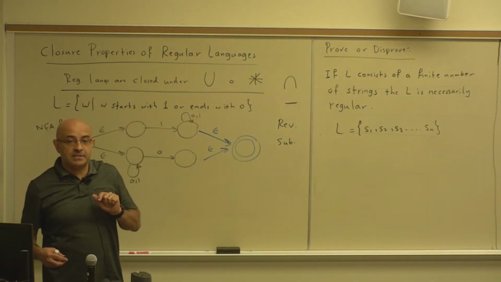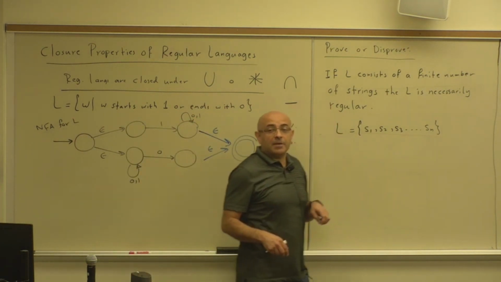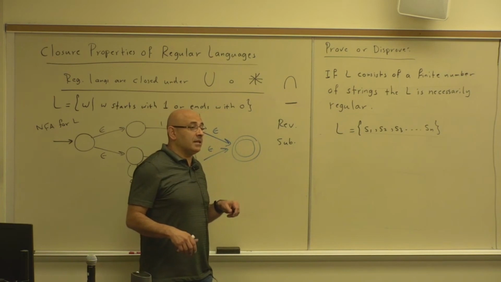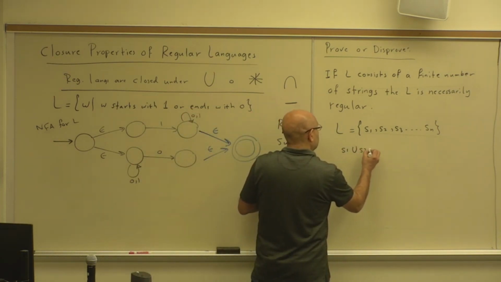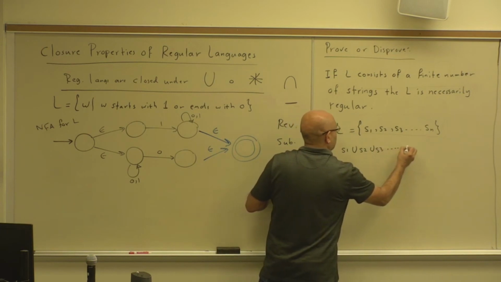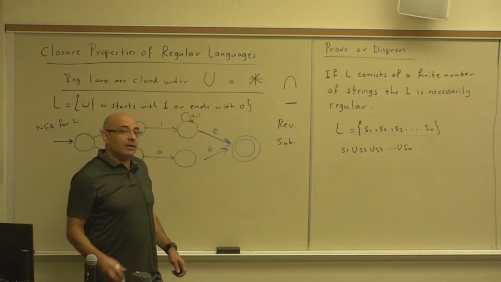You have three options. And here, in fact, the easiest option is the regular expression. Do you know what the regular expression for this is going to look like? Yeah, it's just going to be S1 union S2 union S3 union Sn.